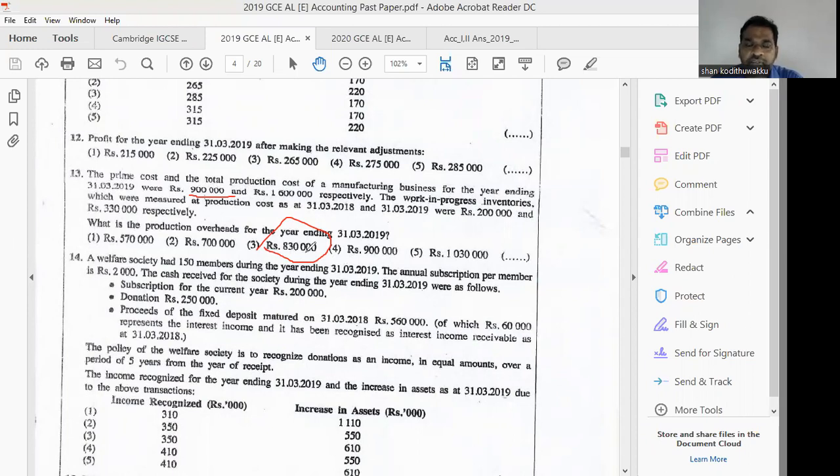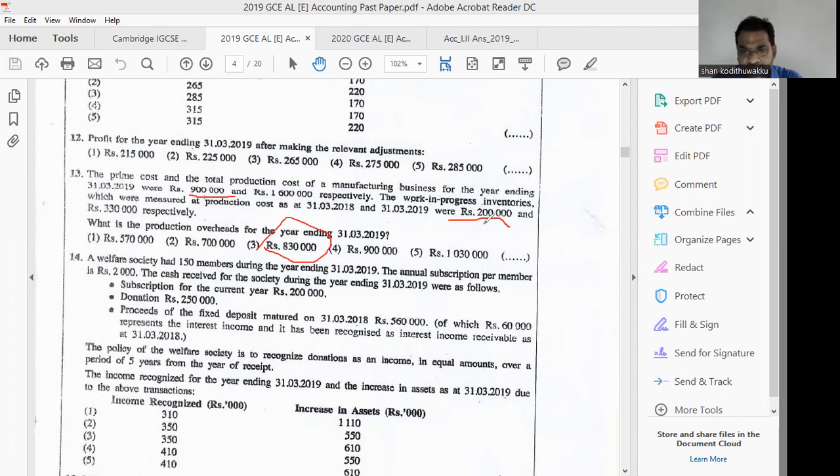Then you add another 200,000 as the opening WIP, and 17 lakhs 30,000 plus 200,000 will be 19 lakhs 30,000.